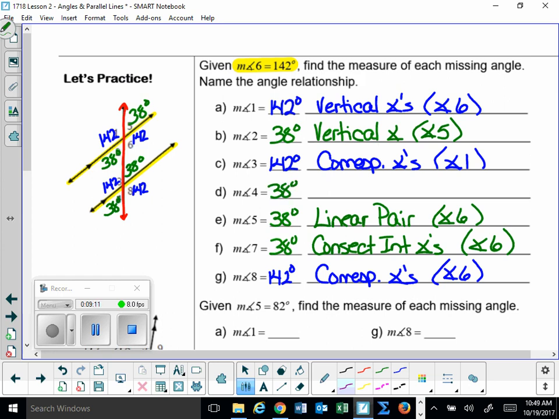Oh, let's see. Let's say that's alternate exterior with angle 5. So for the angle relationship, you have options. It all depends on what angle you're partnering up with. It's really helpful if you name the angle you're partnering with so that the person looking at it knows what you're thinking.